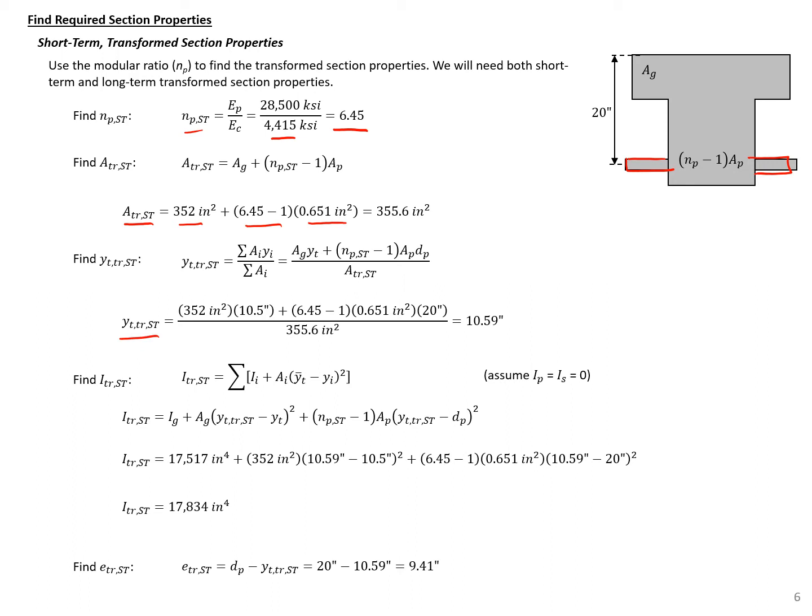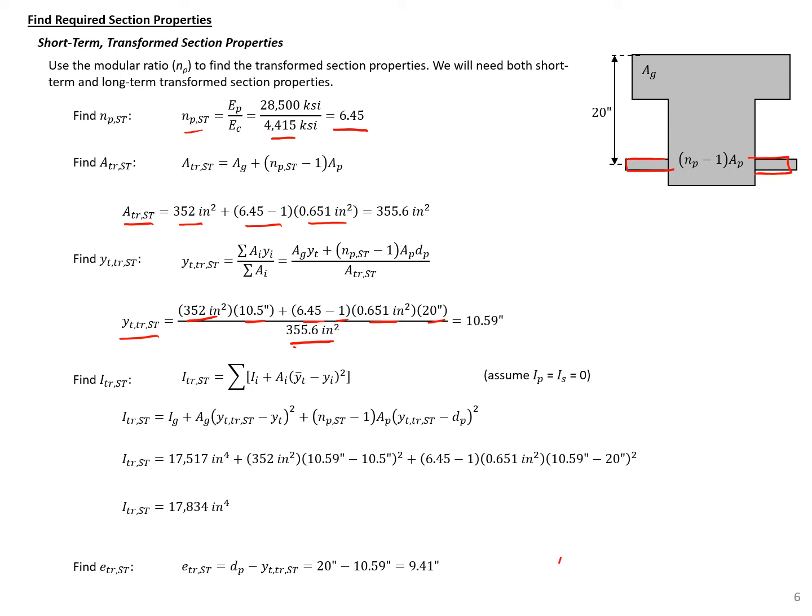Our Y transform short-term, so the distance from the top to the centroid of our transform section. So A gross times Y top gross, plus n minus 1 times A, the area of our pre-stressing, times the distance from the top to the centroid of our pre-stressing, D sub P, and then all that divided by our transformed area.